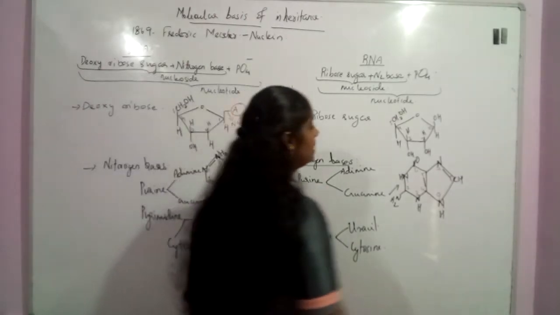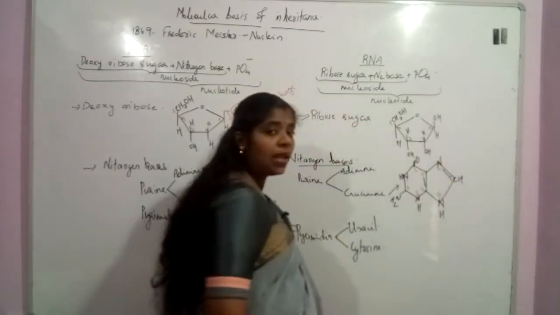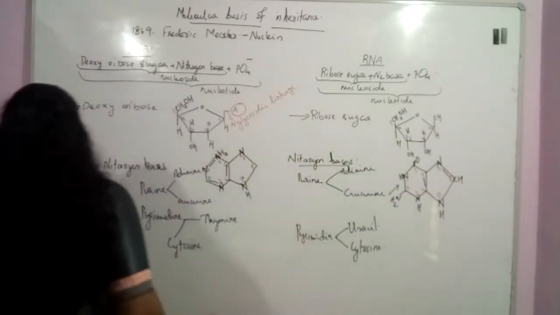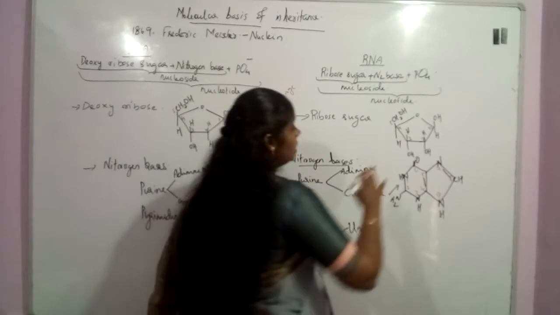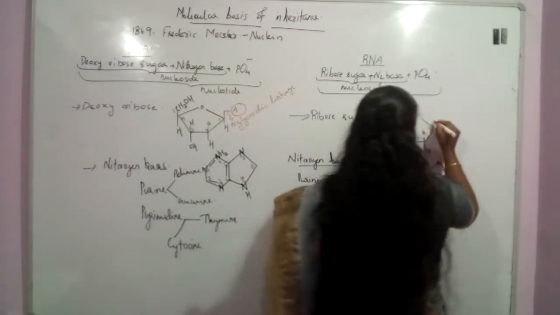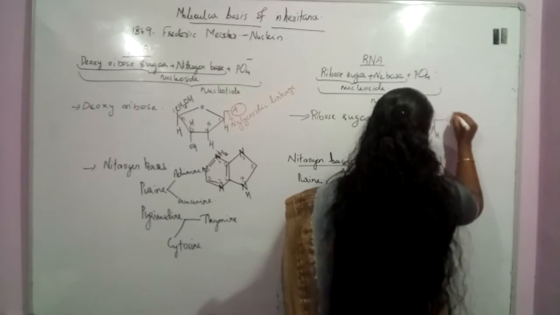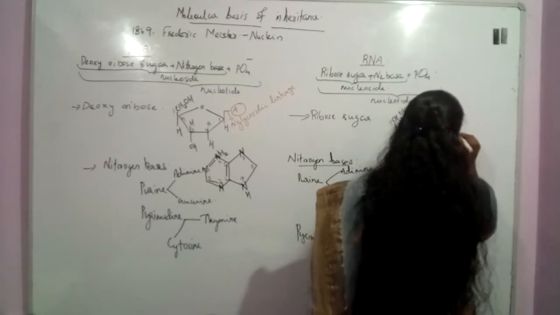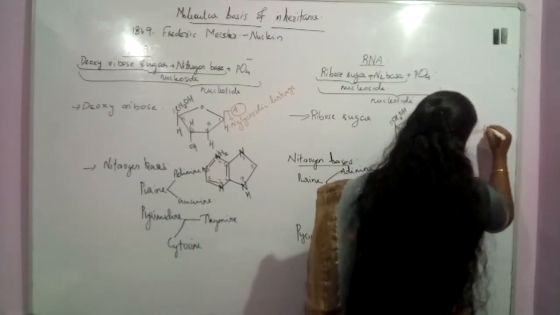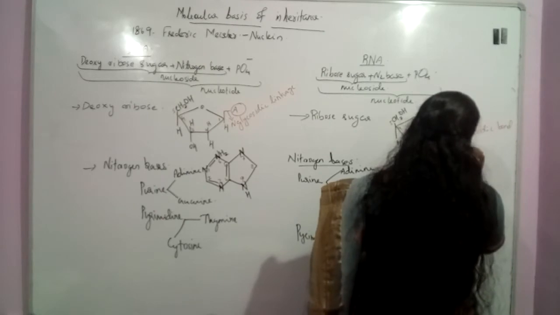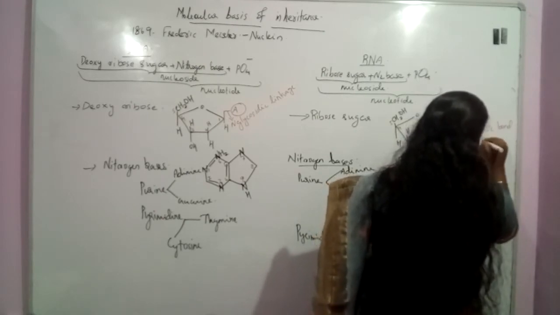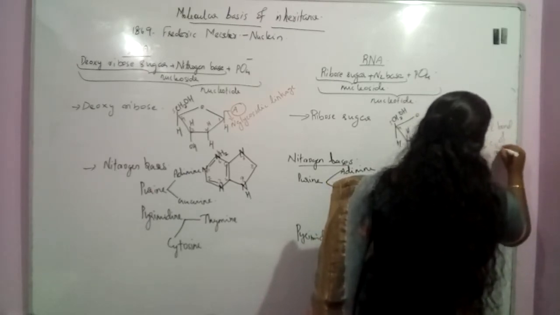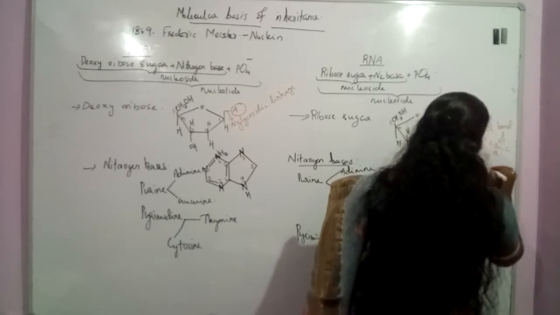So in this case, when it is attached with deoxyribose or ribose sugar, the 9th position of this is attached with the first carbon atom of the ribose or deoxyribose, and we get the attachment like this for guanine. The bond formed here is the N-glycosidic bond between the first carbon of ribose and the 9th position of guanine.